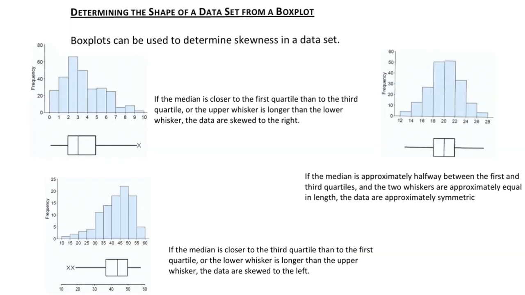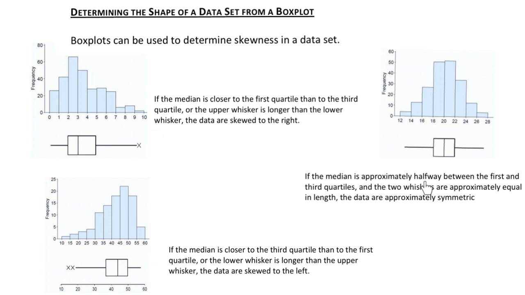Let us see how we can use the box plot to determine the skewness in the data set. If the median is closer to the first quartile than the third quartile, or the upper whisker is longer than the lower whisker, then the data will be skewed to the right.